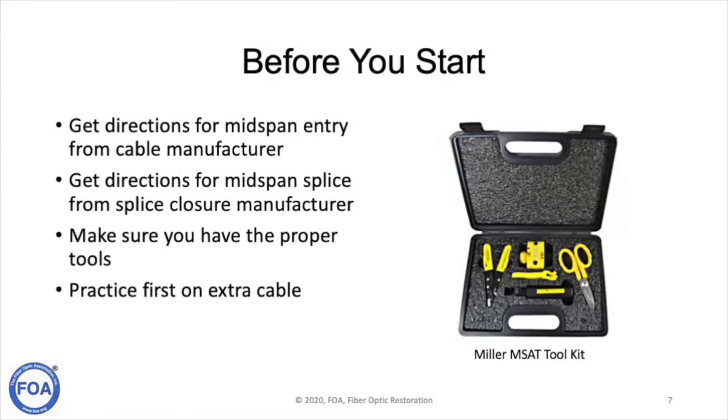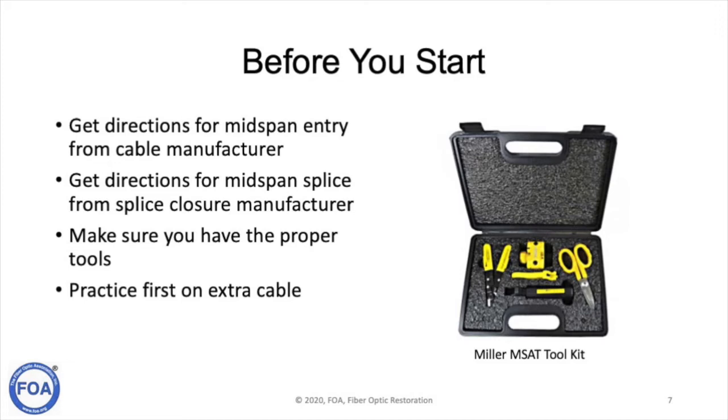In this FOA lecture, we're going to give you general directions on how this midspan access process is done. But when it comes to actually doing it with your own cable in your own locations, we're going to make suggestions. First, get directions for midspan entry from the manufacturer of the cable you're using.